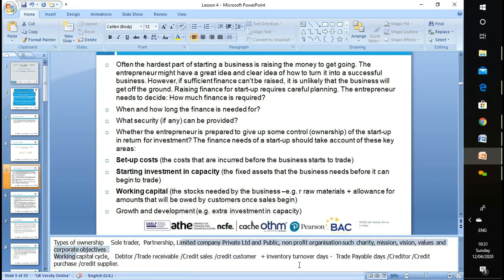So these are called short-term assets, and we have to manage them. If trade receivable days is 30 days and inventory turnover days is 10 days, for trade payable days maybe we'll try to arrange 70 days credit, 90 days credit, or at least 3 months credit from our suppliers.